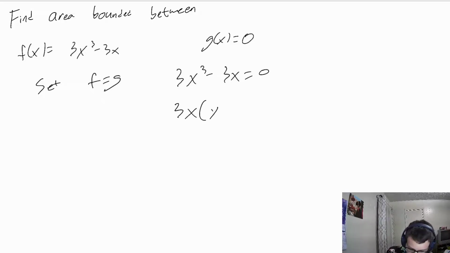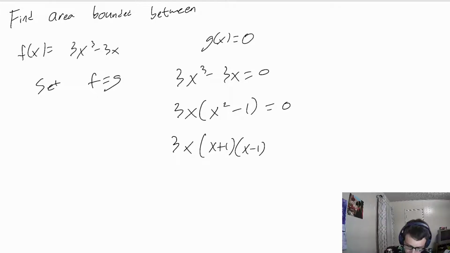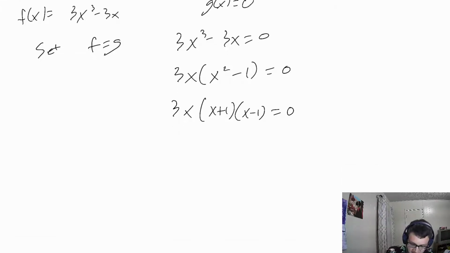We can factor out a 3x from both sides. We have x squared minus 1 equals 0. This is another difference of squares. X squared is a square, 1 is a square. So this breaks apart to x plus 1 times x minus 1. So this tells us that x equals 0, -1, or 1.